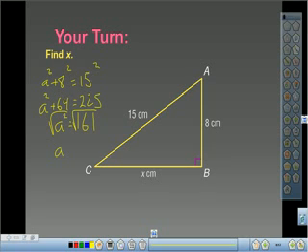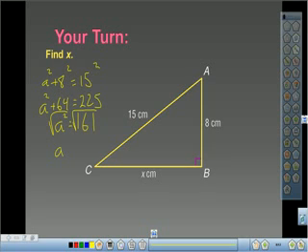But watch how we do this with B. Find the third side. The thing you have to ask yourself at the beginning of every one of these problems: do I know A, do I know B, do I know C? I know A and C. So right now I know that it would be 3 squared plus B squared equals C squared. Don't make this mistake: 6 squared minus 3 squared is not 3 squared.